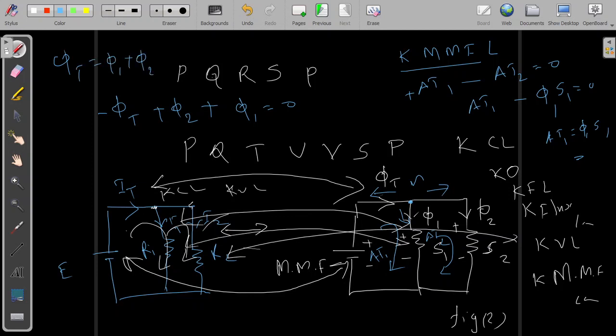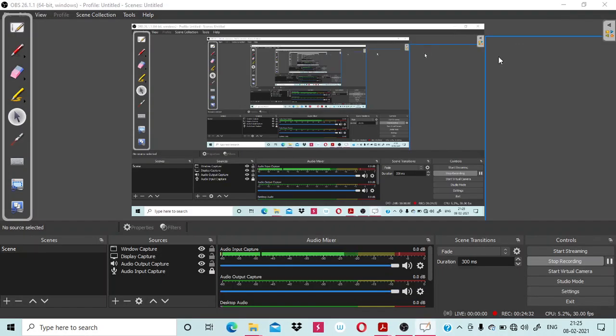This is the Kirchhoff flux law, and this is the Kirchhoff magnetomotive force law. So those are Kirchhoff's laws in a magnetic circuit. I hope you understood.